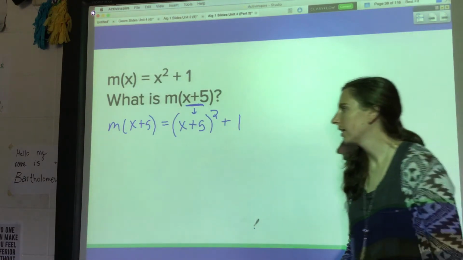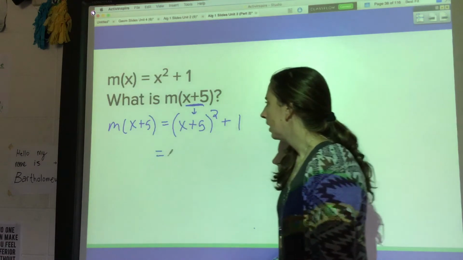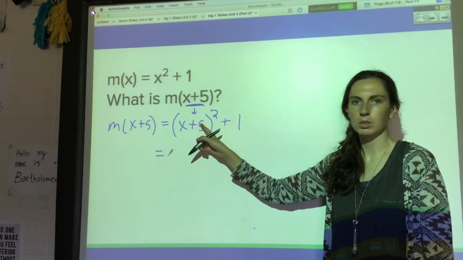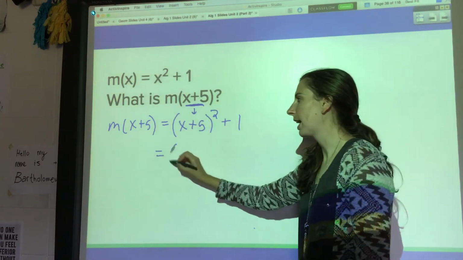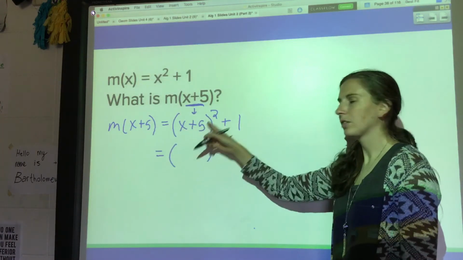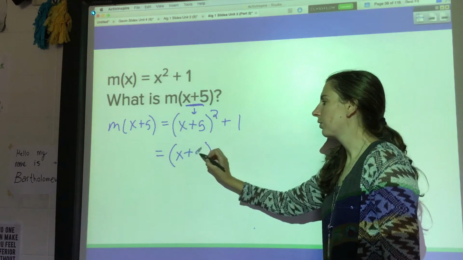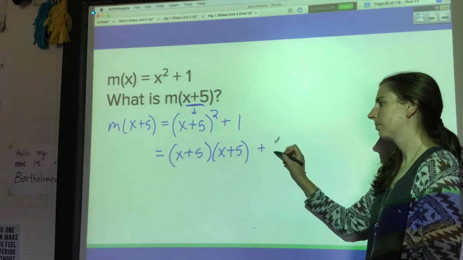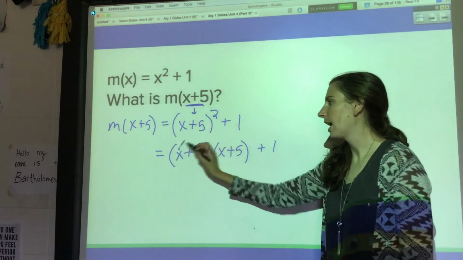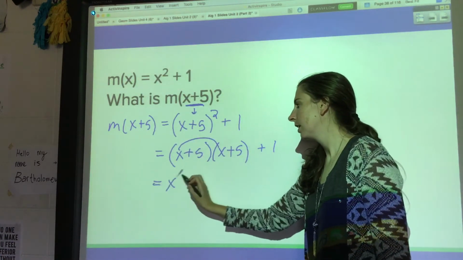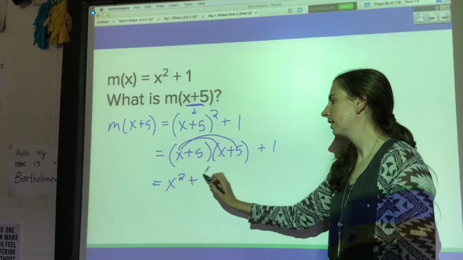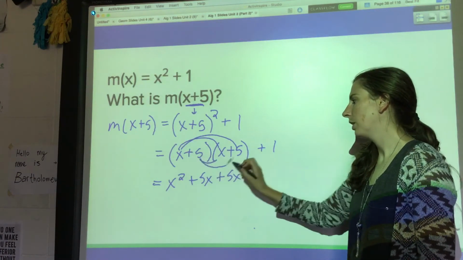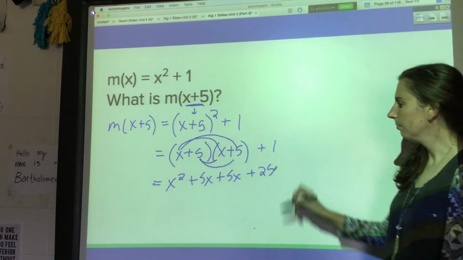We can simplify this a bit. Be careful, you can't just square both of them because this is multiple terms. We're going to need to actually multiply it out 2 times. (x plus 5) squared is (x plus 5) times (x plus 5) plus 1, which gives me x squared plus 5x plus another 5x plus 25 plus 1.